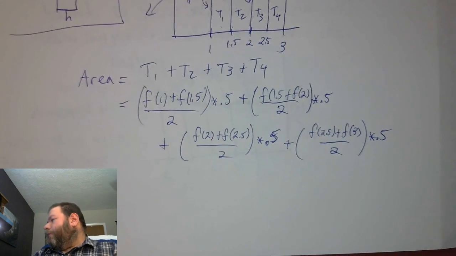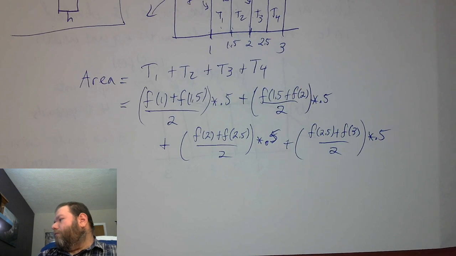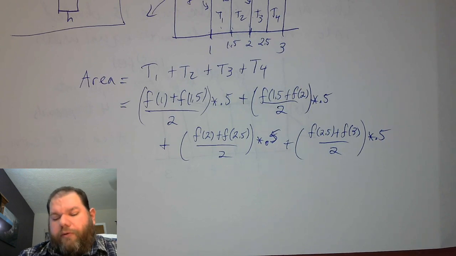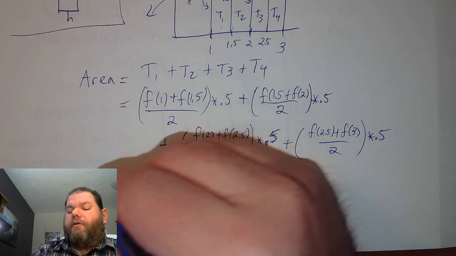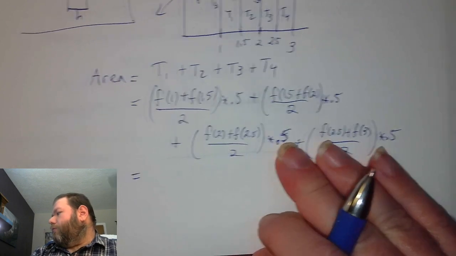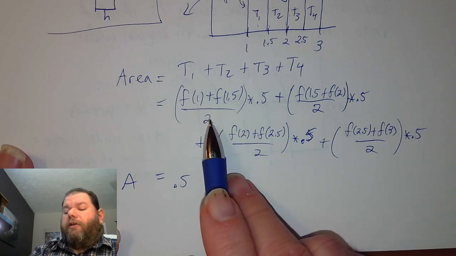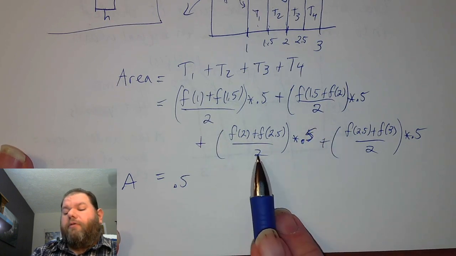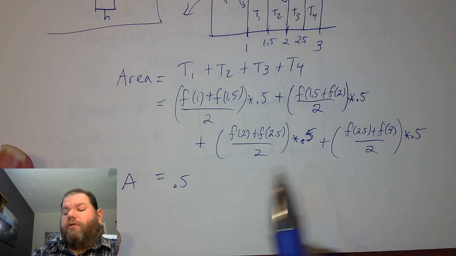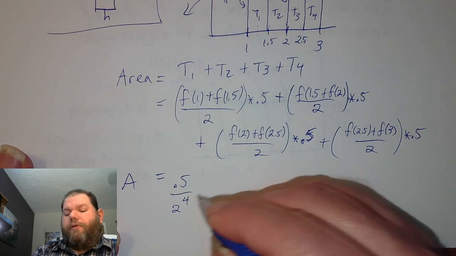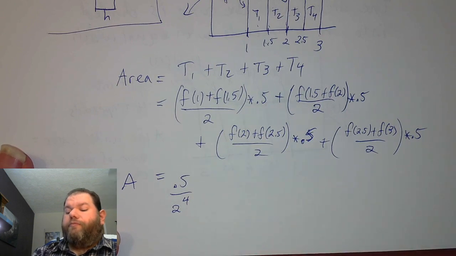Now, what we can see here is every single term is multiplied by 0.5. Let's say our area is equal to, we'll factor out the 0.5, and we actually have 2 on the bottom of each, so I'll call it 2 to the 4th down there, times, let's see.